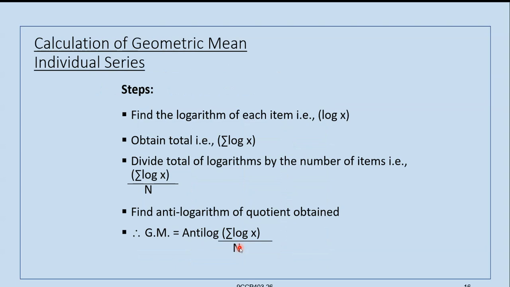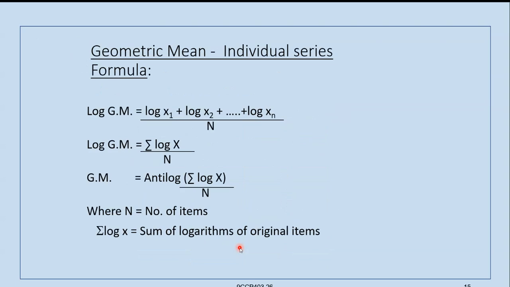So the formula is: log GM is equal to, you need not write log, GM, that is geometric mean, is equal to log x1. x1 is the first number in the series, x2 is the second number in the series, and so on up to the given numbers.